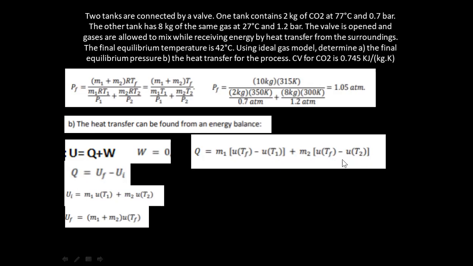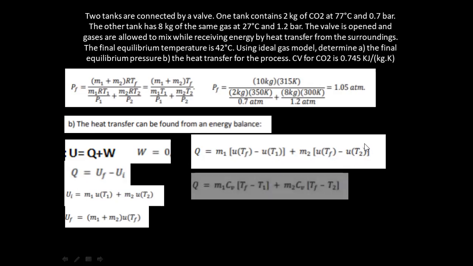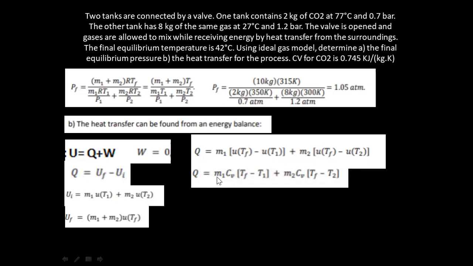If we're going to further simplify this equation, this gives us Q is equal to M1, incorporating now our specific heat at 0.745 kilojoule per kilogram Kelvin. So M1 CV times (TF minus T1) plus M2 times CV times the following quantity, TF minus T2.